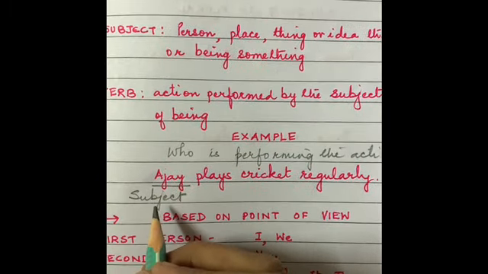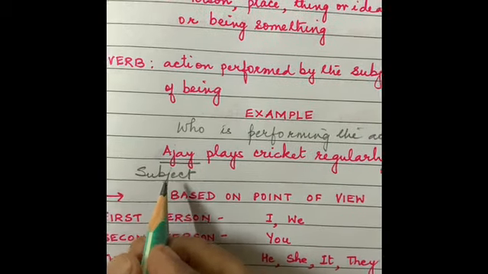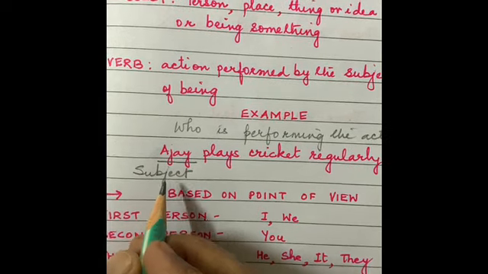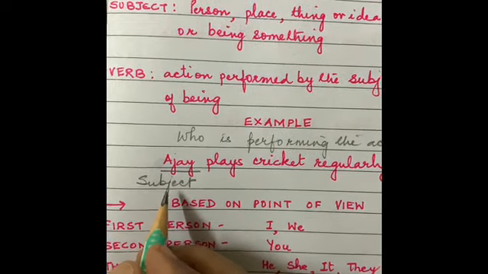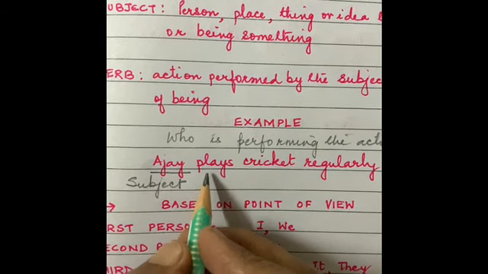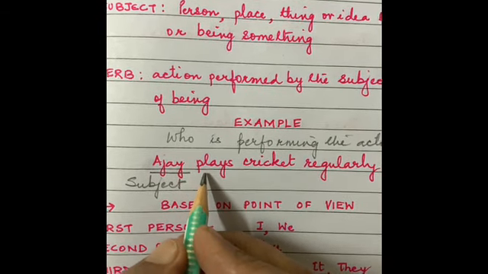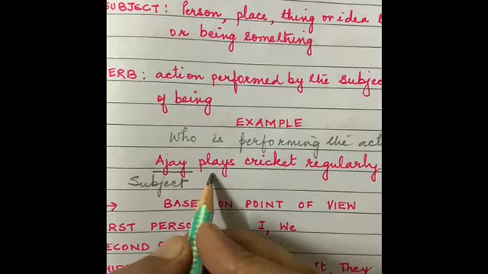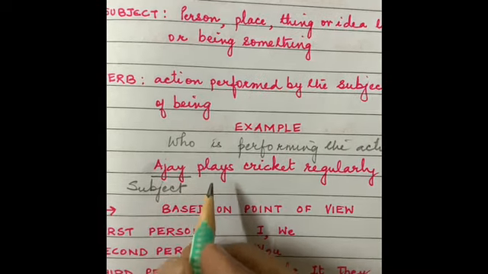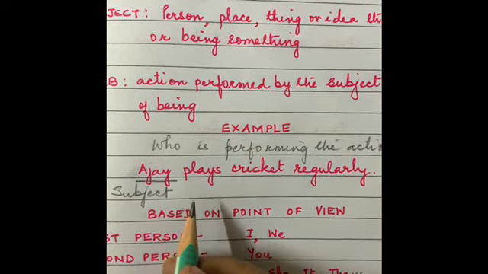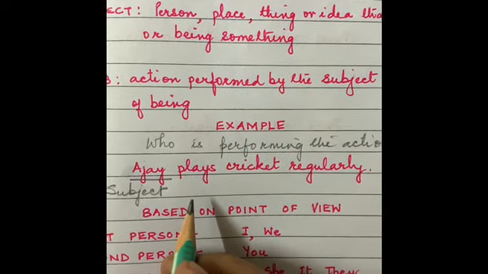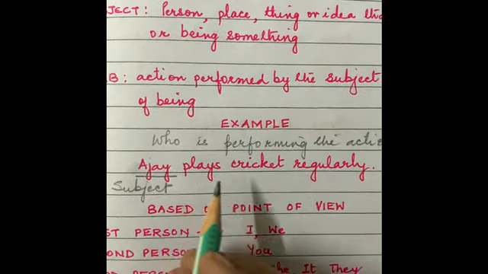Ajay is the subject here. Fine. And to identify the verb, ask the question, what is the subject performing? Playing. So, plays is the verb in this case. This way, we can identify the subject and the verb in the sentence, asking these questions.